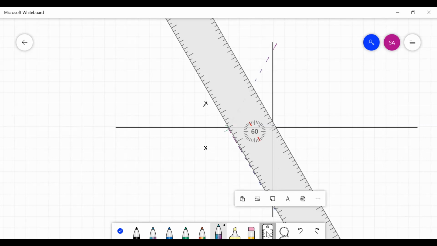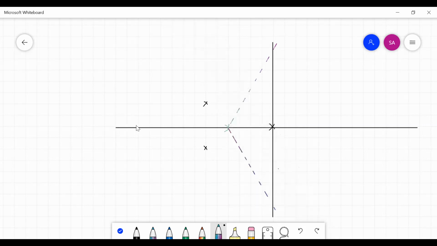Anyway, 180 degrees is this line itself. The asymptotes start from the centroid, so we know that this is 60, 180, and this is 300.